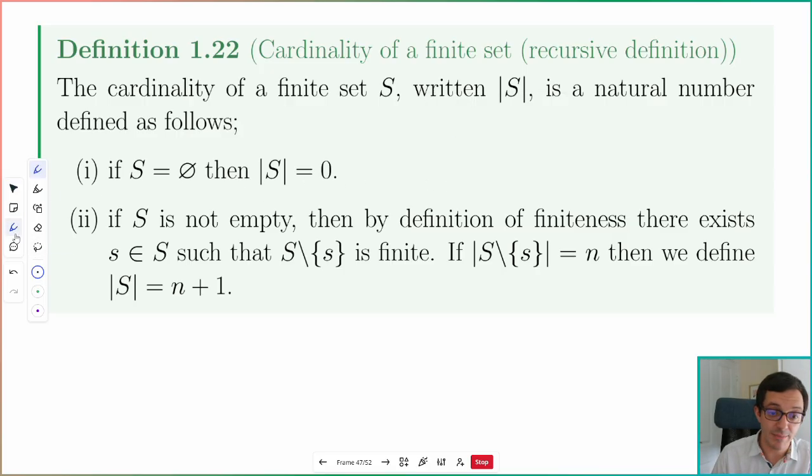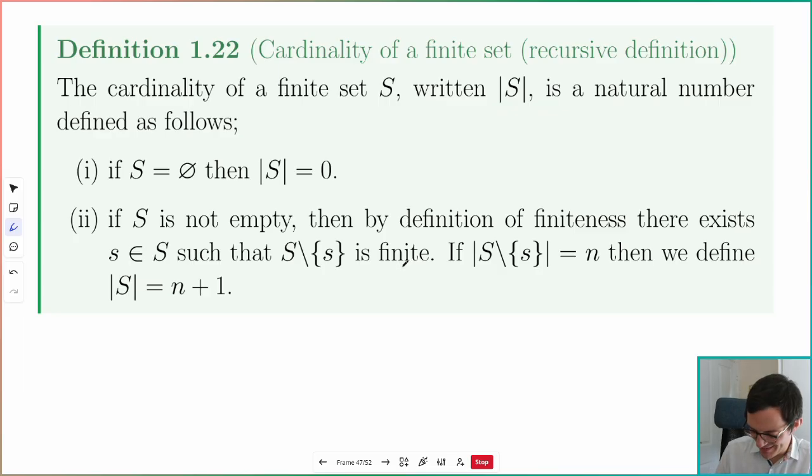If S is not empty, but is finite, then by definition of finiteness, it must have been in the second case. So there exists some element of S such that when you remove that element, you get a finite set.